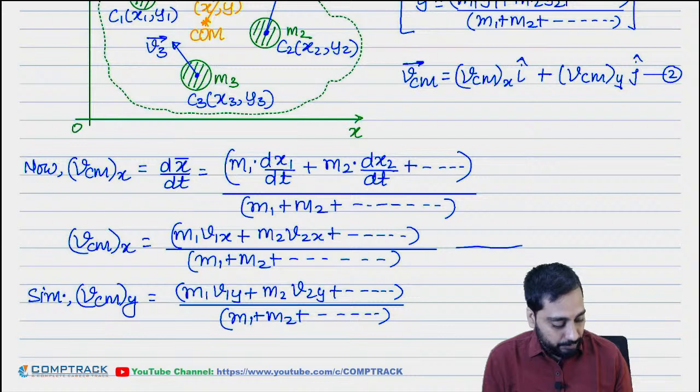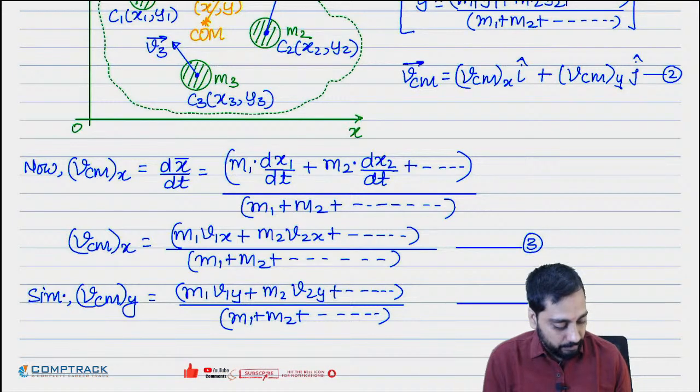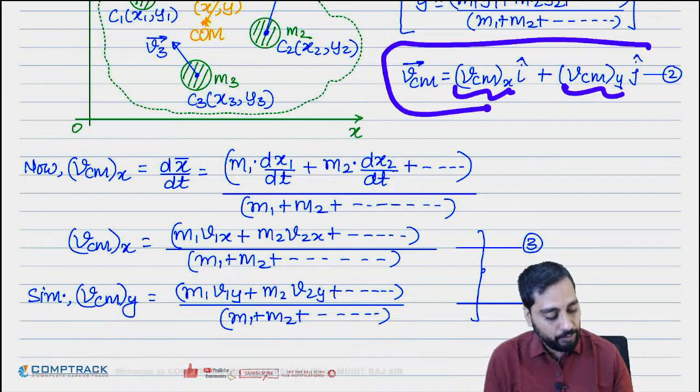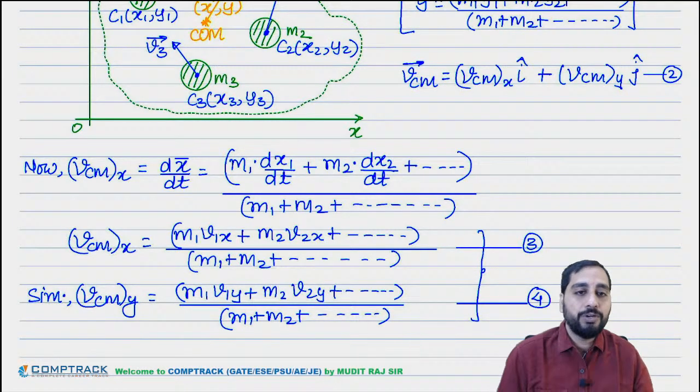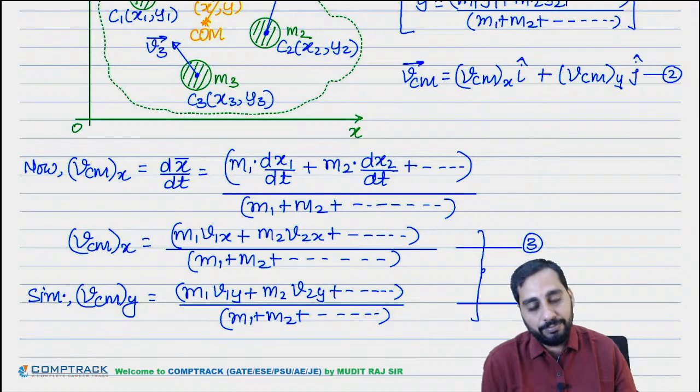So this will be your third and this will be your fourth equation. By these two, when you put them together, you will get the total velocity of the center of mass. Yes or no?